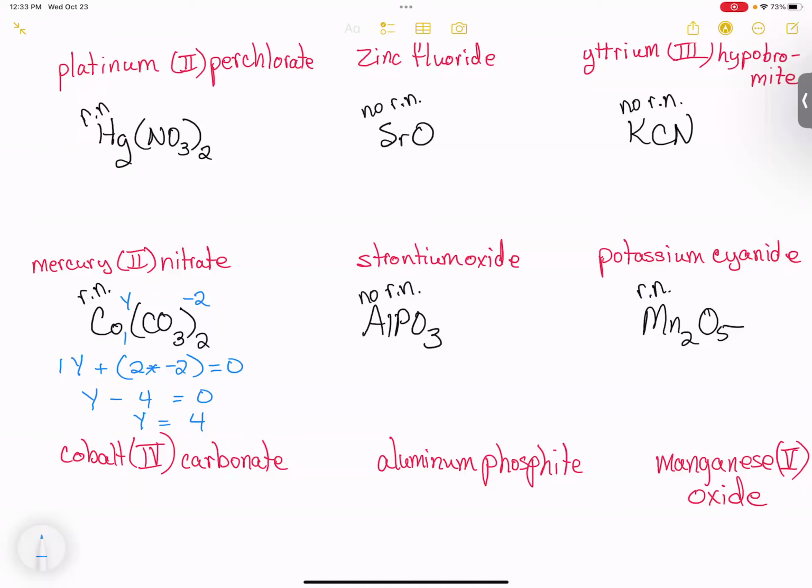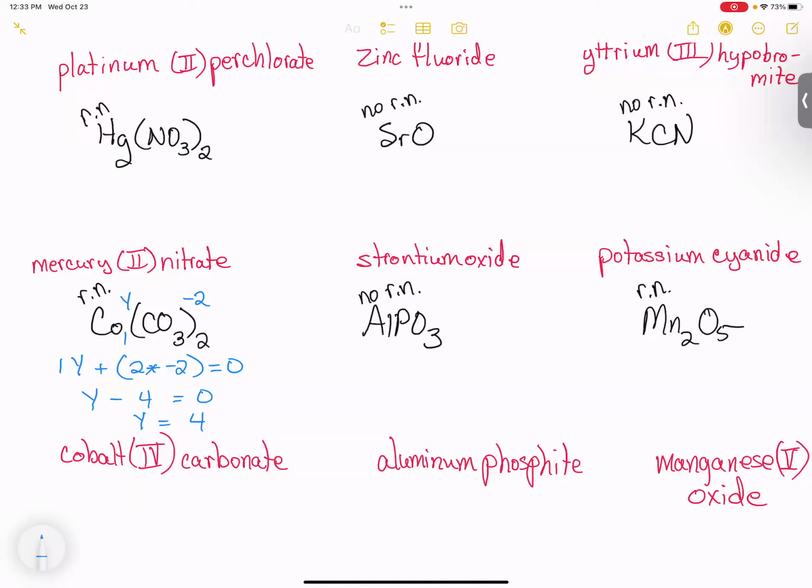There are 2 carbonates. So basically when we're saying how many there is of an anion, we're saying how many of what's inside. How many are there of what's inside? There's 2 of what's inside, which is carbonate, which has a -2 charge.